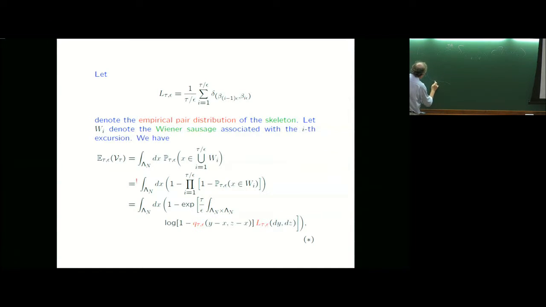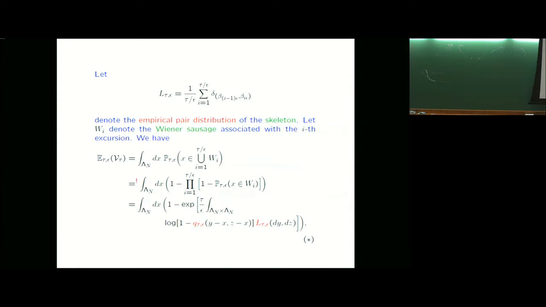And the next time, then there's an excursion in here. I'm only keeping track of these points. This has this Wiener sausage around it. It has a very small radius r tau, and this is what I call the Wiener sausage of the ith excursion.